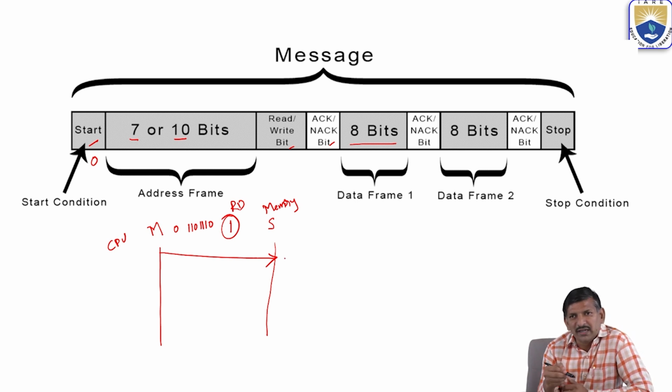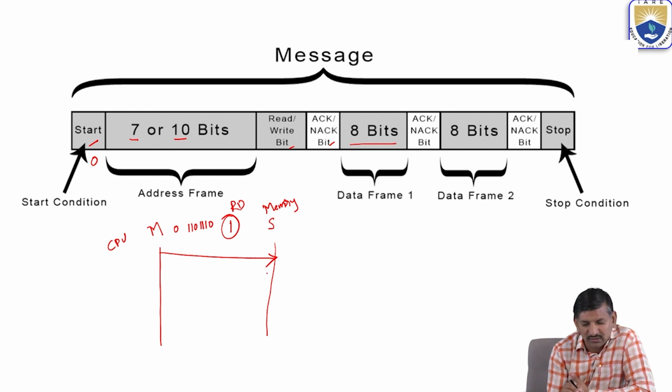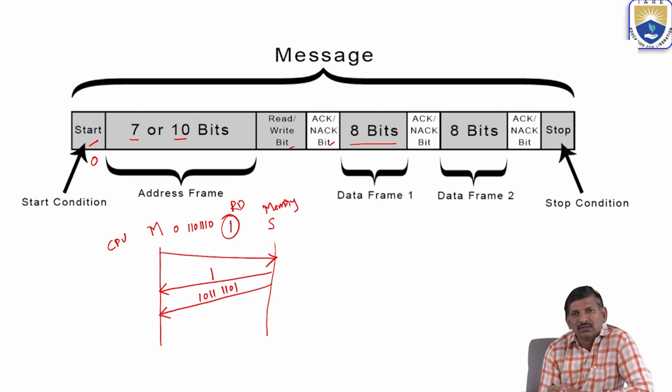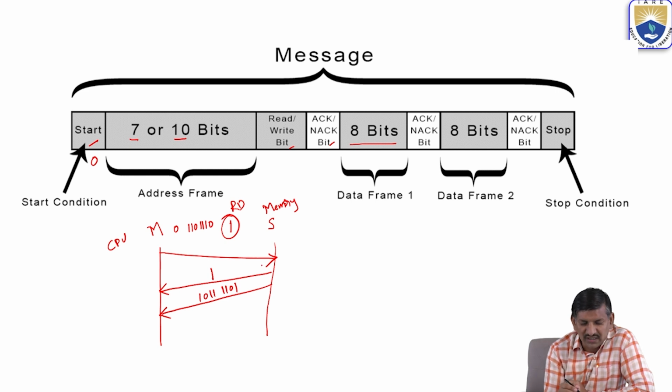Then, if the memory device is able to send the data, it sends an acknowledgement bit. Again, it sends the 8-bit data, whatever the content. After receiving the data properly, the master or CPU sends acknowledgement.